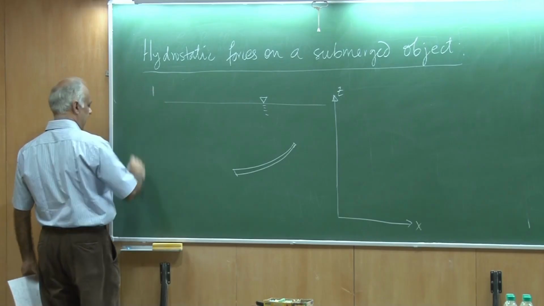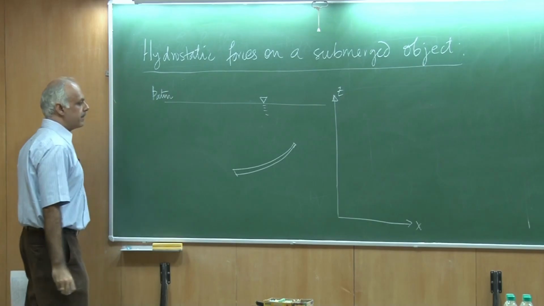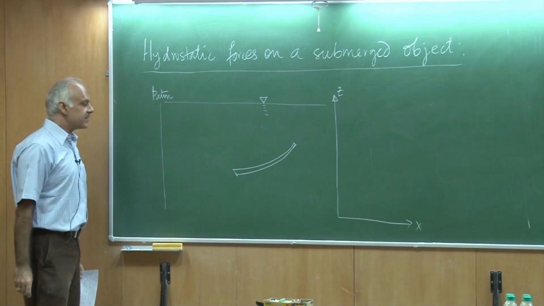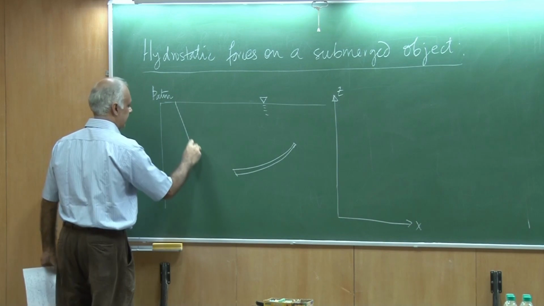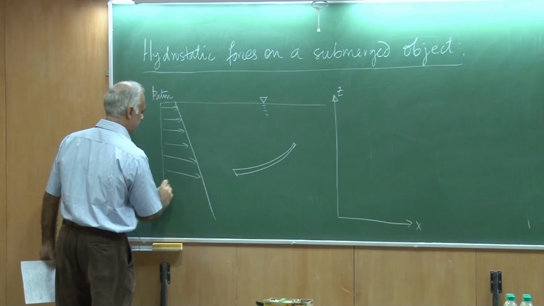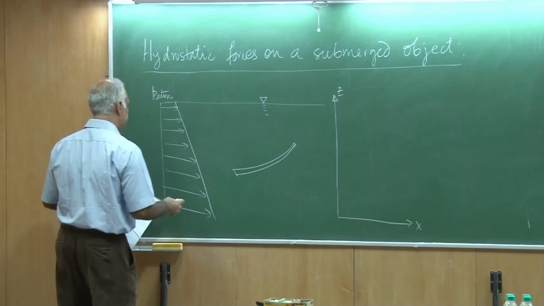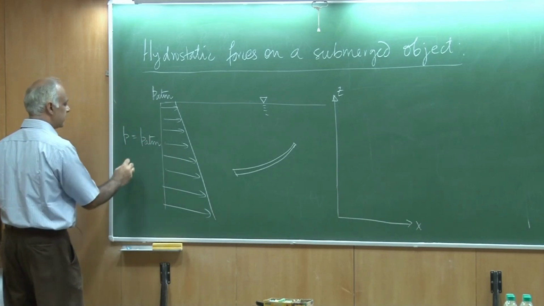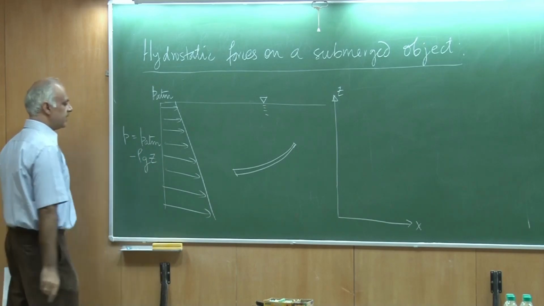In fact, if this is the atmospheric pressure, then it's easy to see that if I wanted to plot the variation of pressure, I am going to get a linearly increasing pressure, and P at any point would be given as P atmosphere minus rho g z.